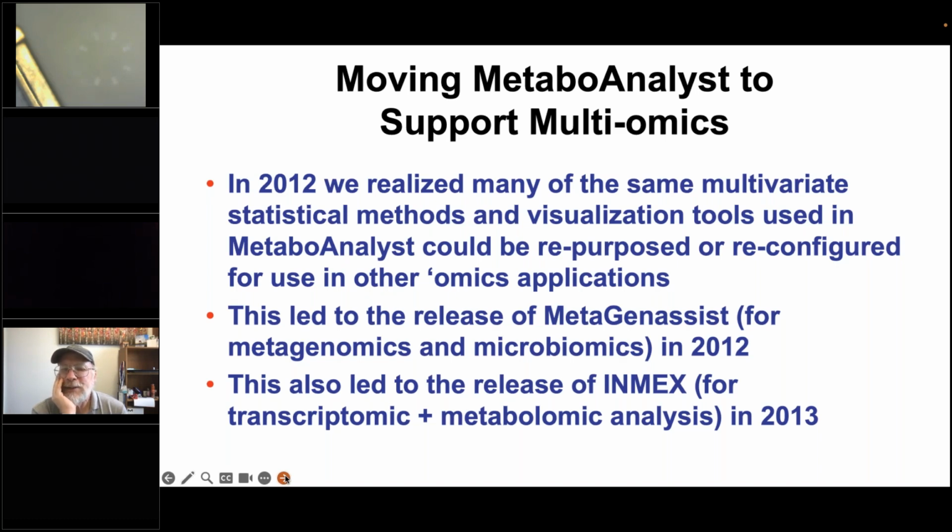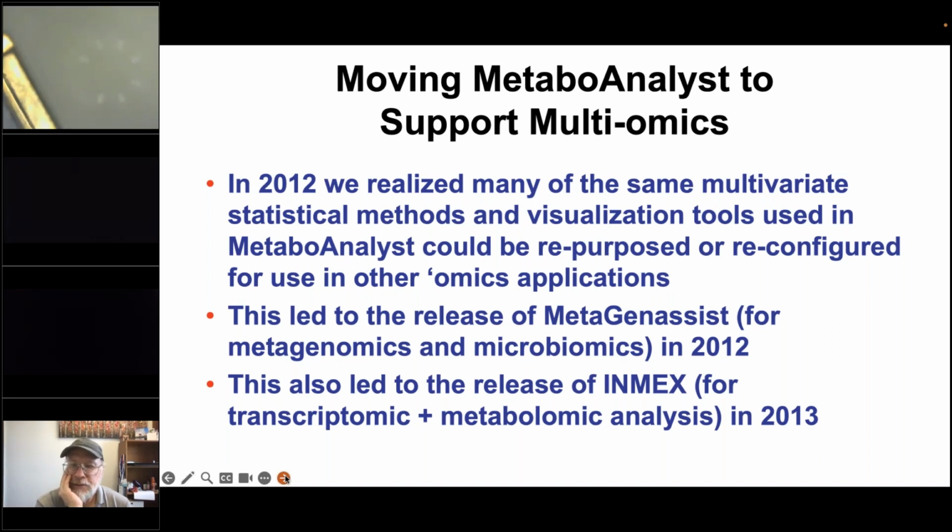It's not widely used, but it spawned the release of a much more popular version a few years later. We also used the same software framework from MetaboAnalyst to create INMEX, for combined transcriptomic and metabolomic analyses. That came out in 2013.